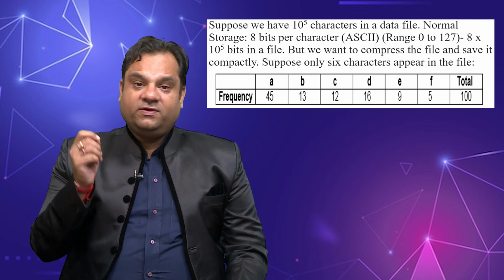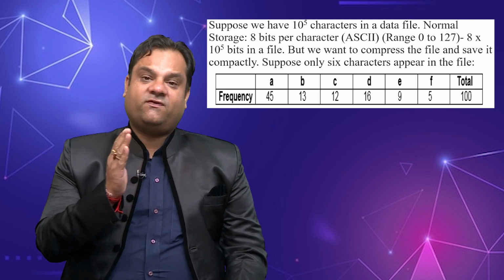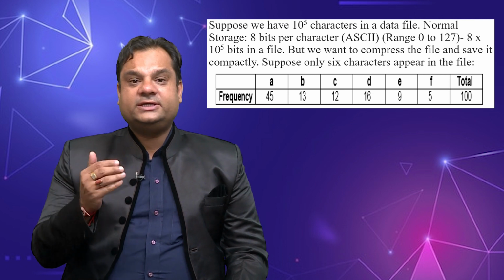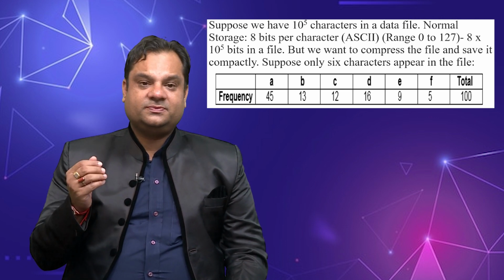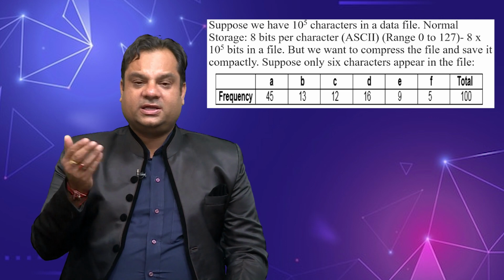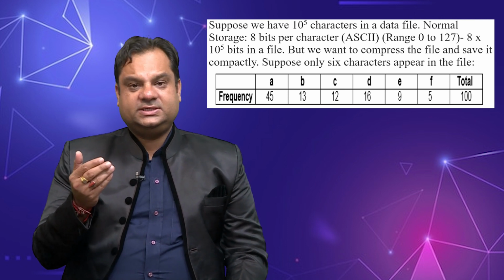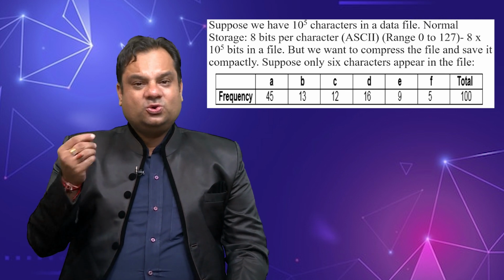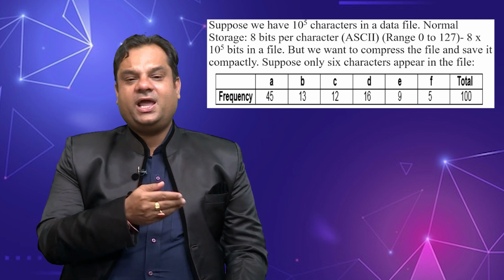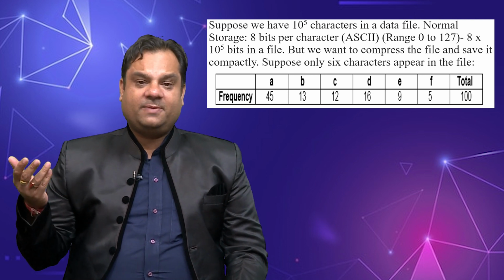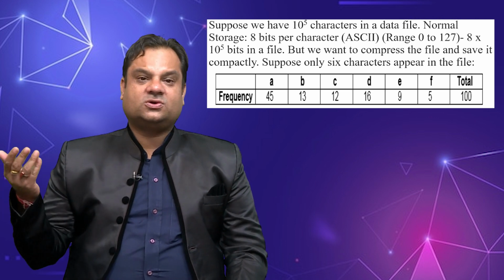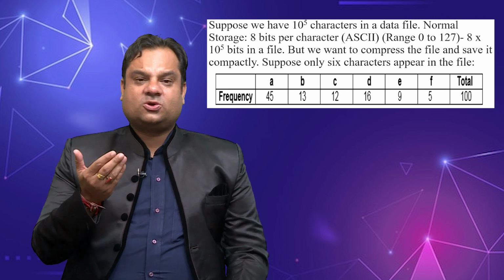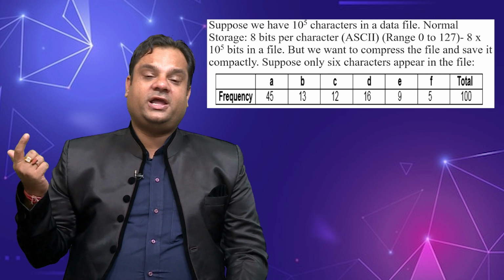But we want to compress the file and save it compactly. Suppose only 6 characters appear in the file: A, B, C, D, E and F. By the use of these characters, we can generate any strings, and with the help of strings, we can generate any language or grammar also. How many times is each character required to generate that particular language?